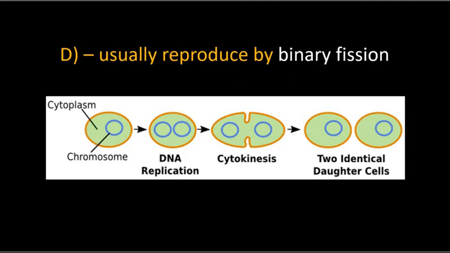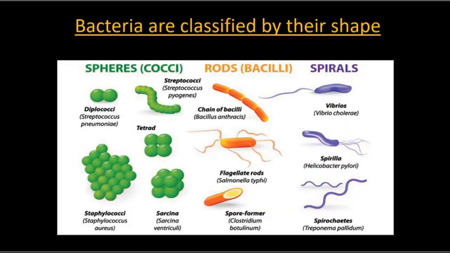So most of the time when you have a colony of bacteria, a large group of bacteria, those bacteria are identical to each other. And also, that being said, they don't have to have other bacteria in order to reproduce because it is asexual.